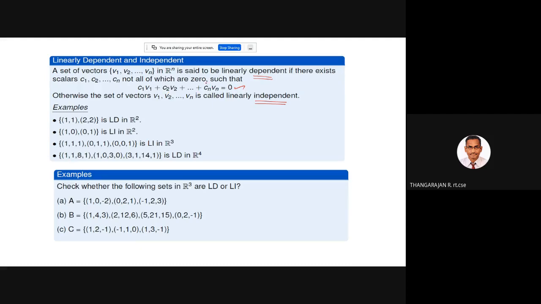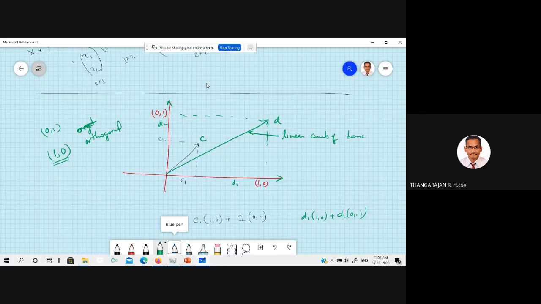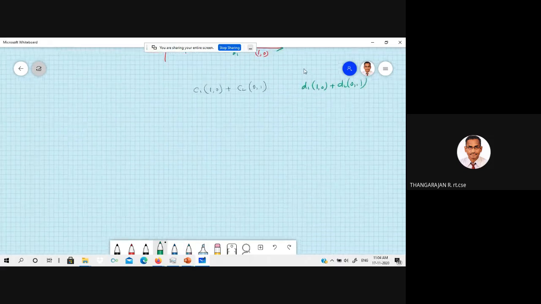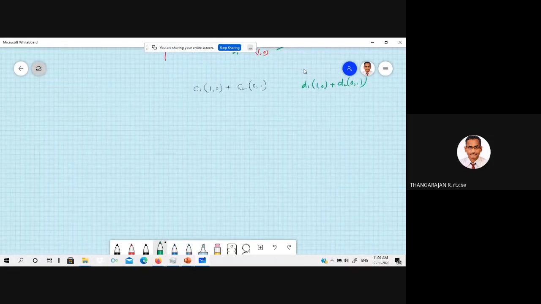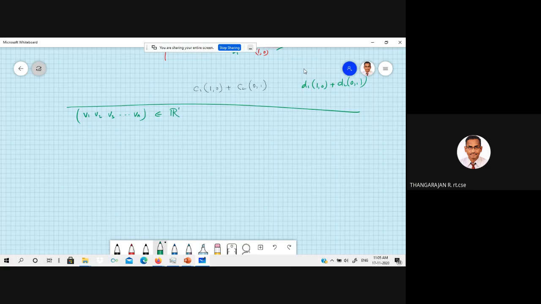For example, I'll write it here. Suppose there are vectors v1, v2, v3, up to vn, and I want to know whether they are linearly dependent or not. I will write c1 v1 plus c2 v2 plus up to cn vn.